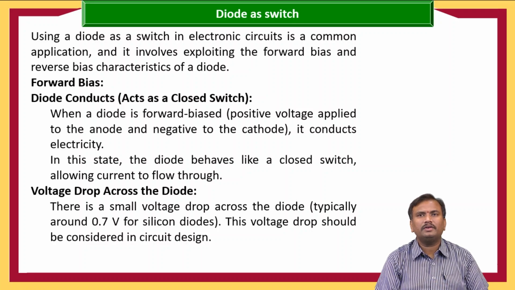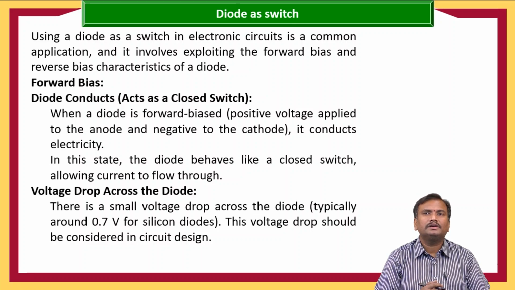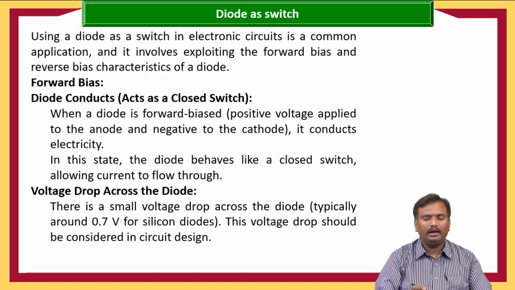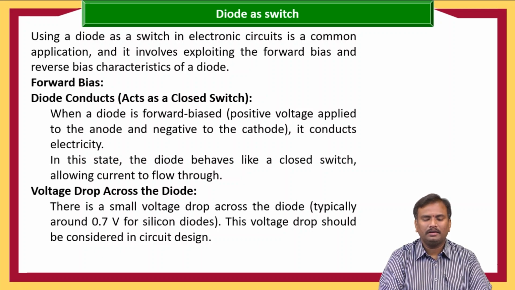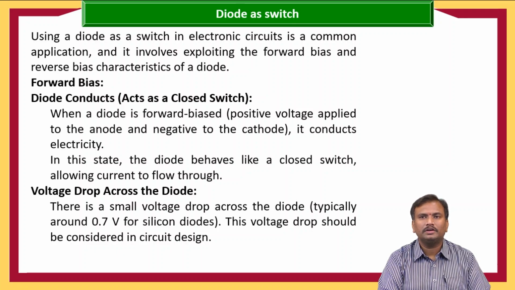There is a small voltage drop across the diode, typically around 0.7 volts for silicon diodes.